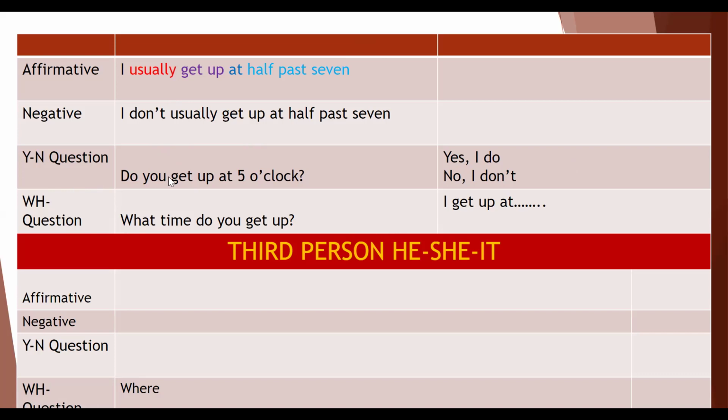What time do you go to class? So you are going to use yes-no questions and WH questions. This is the example with any kind of pronoun, but we are going to complete an example using a third person, okay? We are going to practice together using third person.